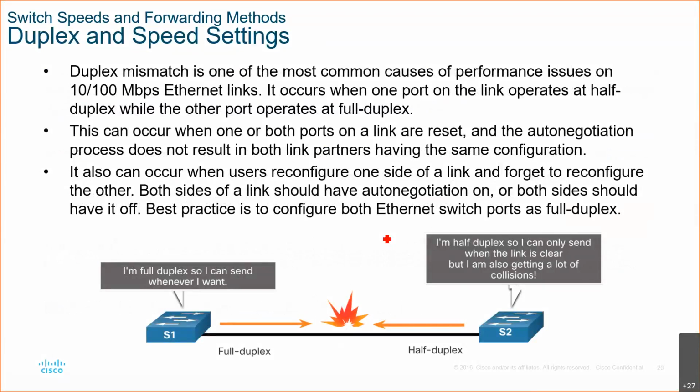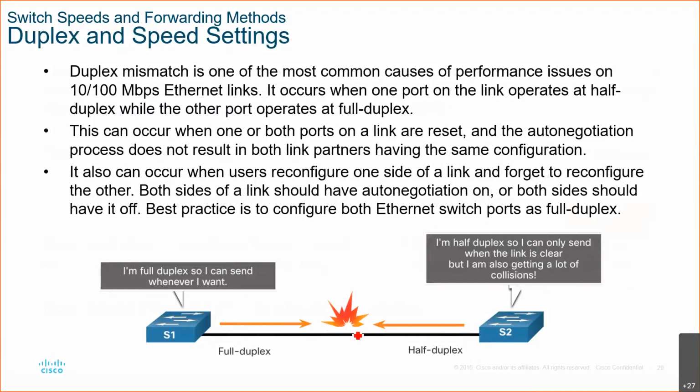So when you have devices connected to each other, you should ensure that there is no duplex mismatch. If you're using an old switch which is working in half duplex mode, specifically connecting that port to a port of a switch which is full duplex, it will have an issue.